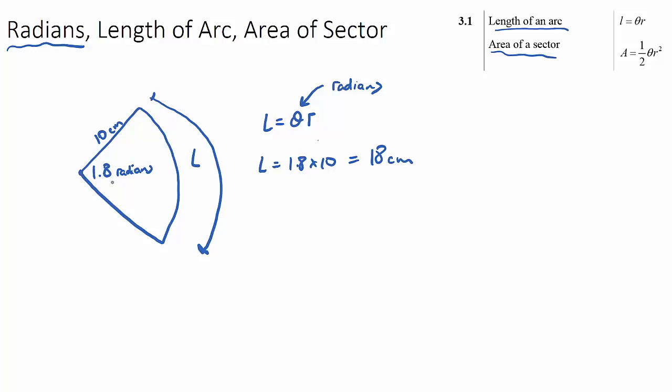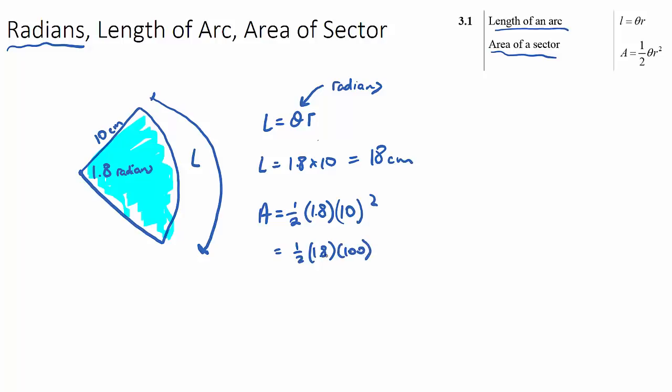So if we wanted to find the area of this sector, which would be all of that shaded region, the area is a half times theta, which needs to be in radians, multiplied by 10 squared. So we'd have a half times 1.8 times 100. And this would be 180 times a half, so 90 centimeters squared.